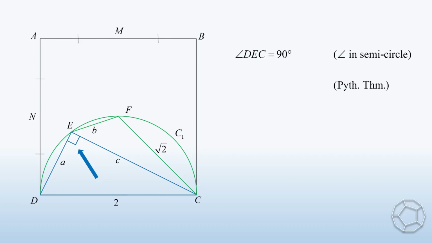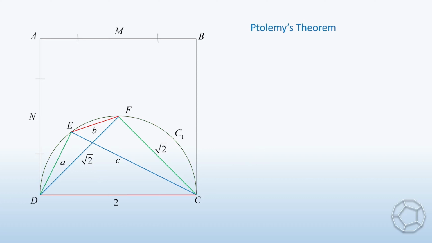Then we can apply Pythagoras' theorem. That is, a squared plus c squared is equal to 2 squared. After solving, we have c is equal to 4 over square root 5. So how do we use Ptolemy's theorem?